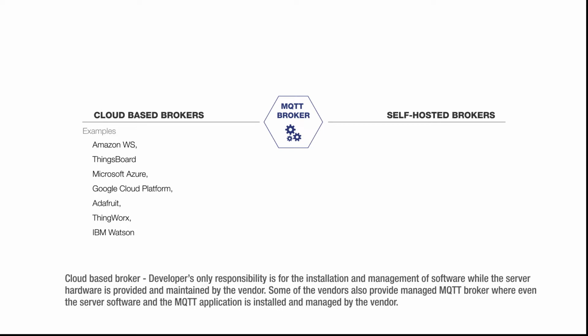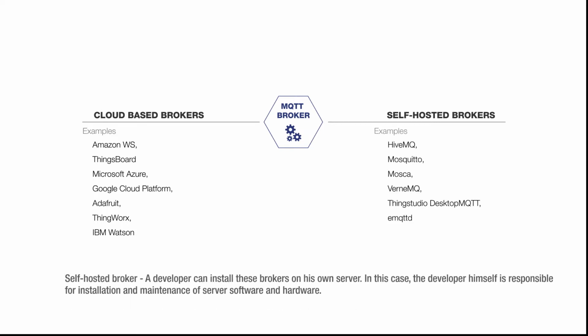Some vendors also provide a managed MQTT broker where even the server software and the MQTT application are installed and managed by the vendor. Self-hosted broker: a developer can install these brokers on his own server. In this case, the developer himself is responsible for all installation and maintenance of server software and hardware.